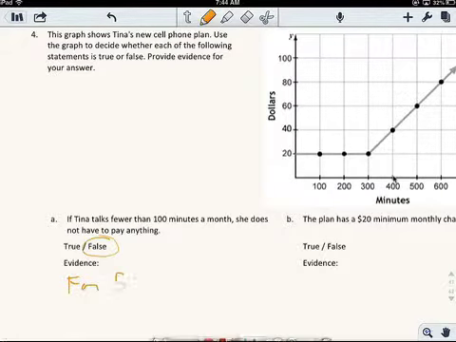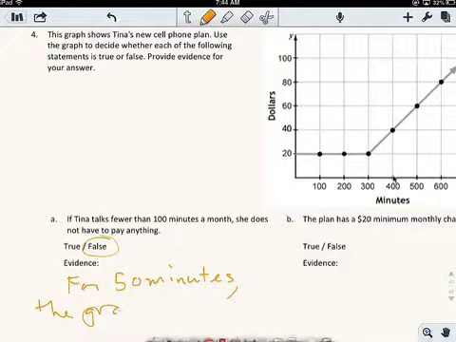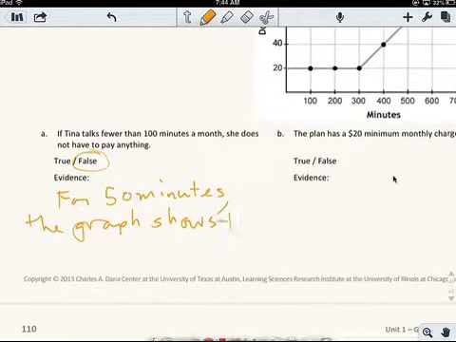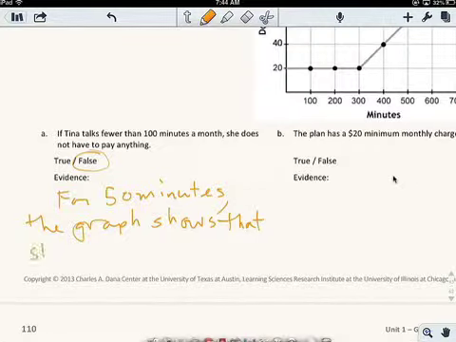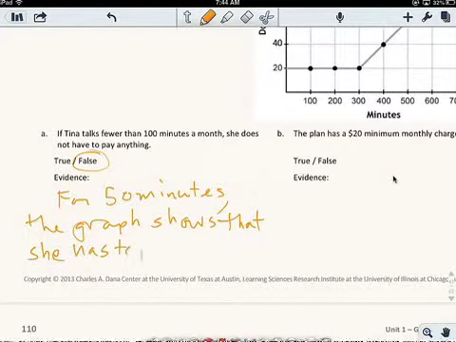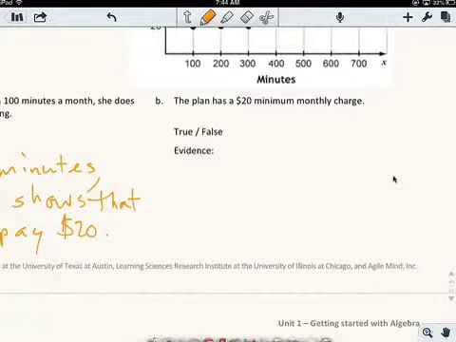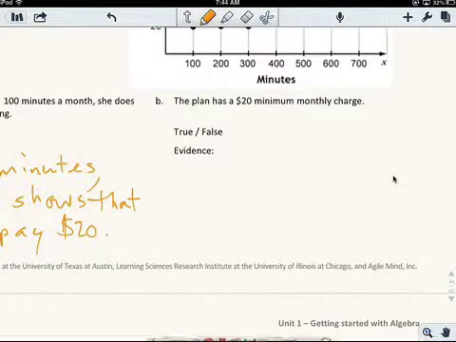For 50 minutes, the graph shows that she has to pay $20.